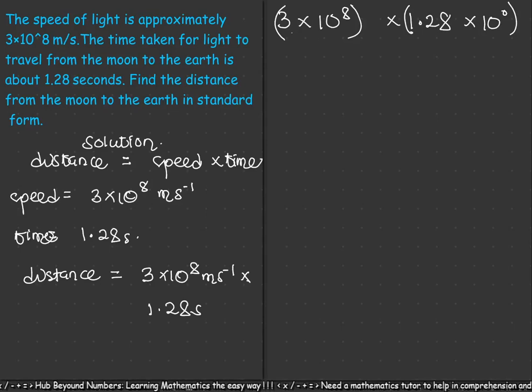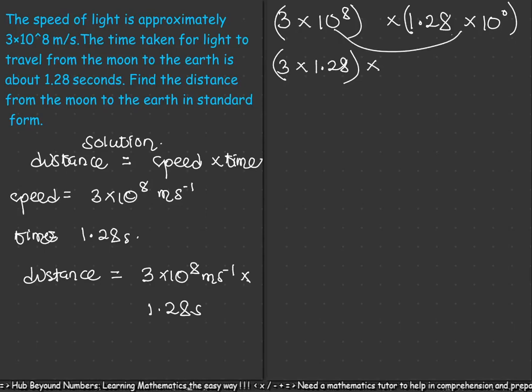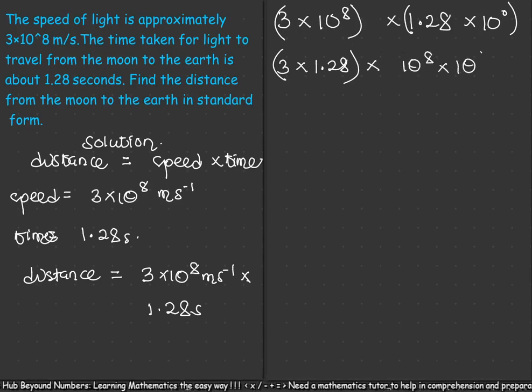Then we take our numbers, so 3 times 1.28. Then we also take the tens: 10 raised to the power 8 times 10 raised to the power 0. Then you do your multiplication, 3 times 1.28.